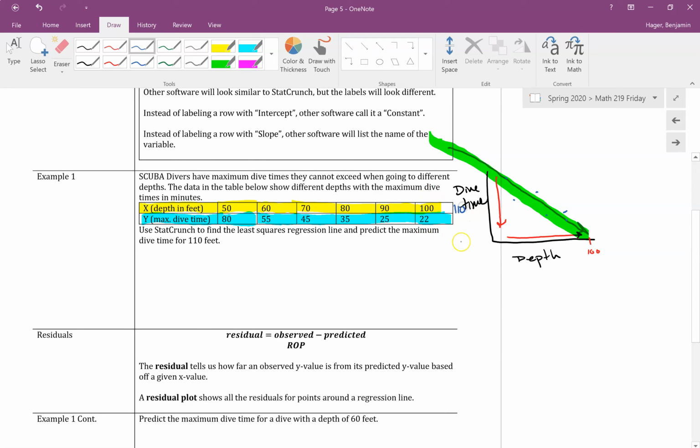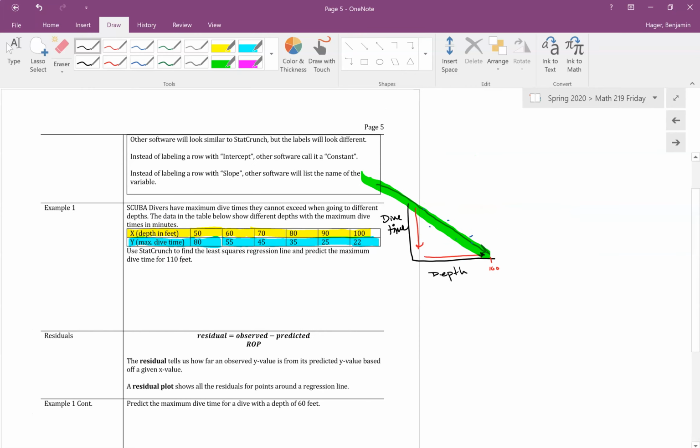They don't give me that data value here, right? And so the best I can do is use the pattern I'm seeing, build an equation that predicts that pattern or trend, and use that equation to find my dive time. So I went ahead and already loaded these values in StatCrunch, so just to save a minute, let me show you that.